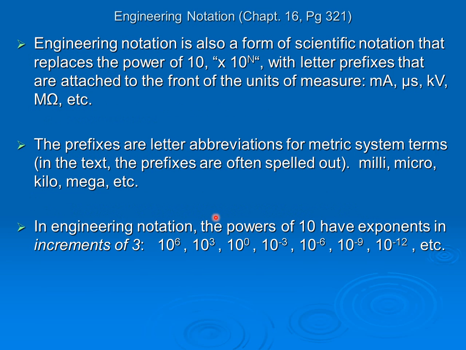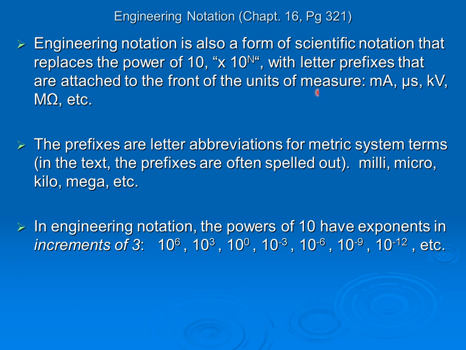Now the next thing is, after we have learned the scientific notations, there are some specific scientific notations called engineering notation. Engineering notations are some of those powers of 10, not all.